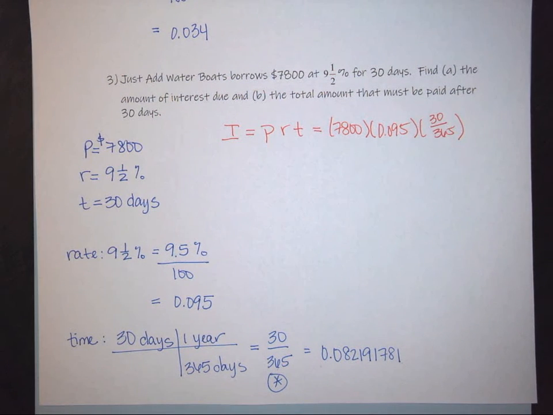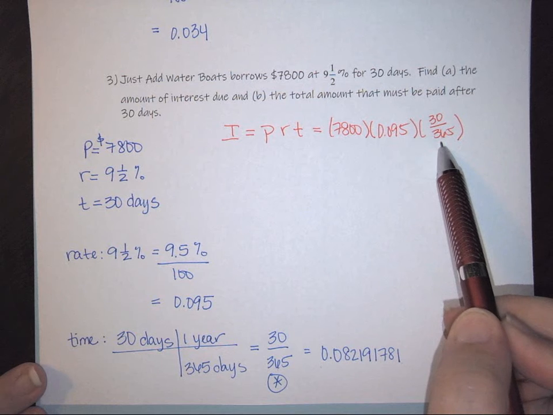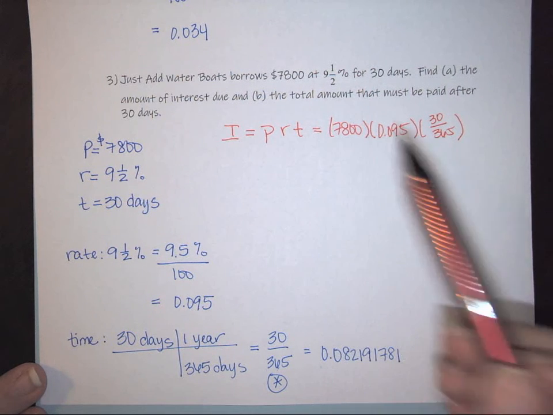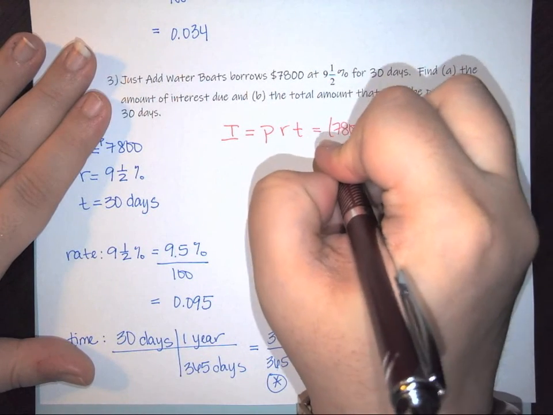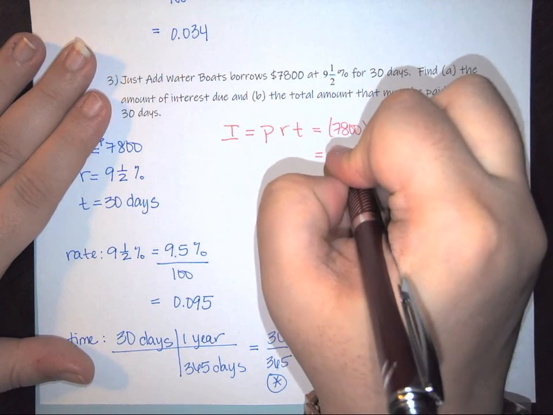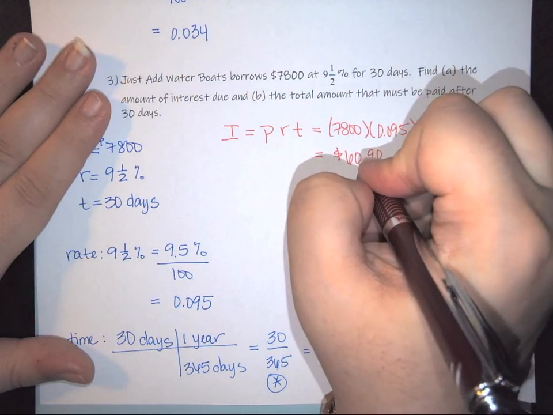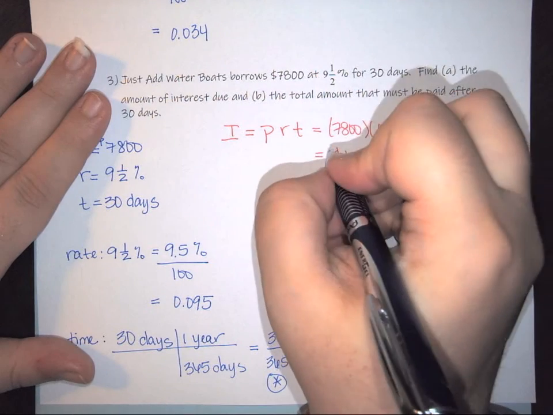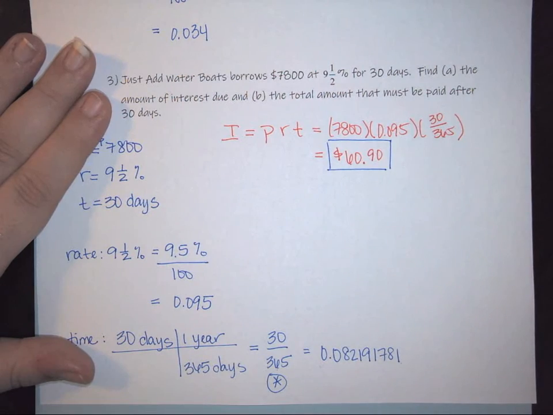Now it's very simple in your 4-function calculator: I would start with 30 over 365 and then multiply the others to it. When you do that, you're going to come out with your interest being $60.90. And so that is the first part of your question, which is the amount of interest due.